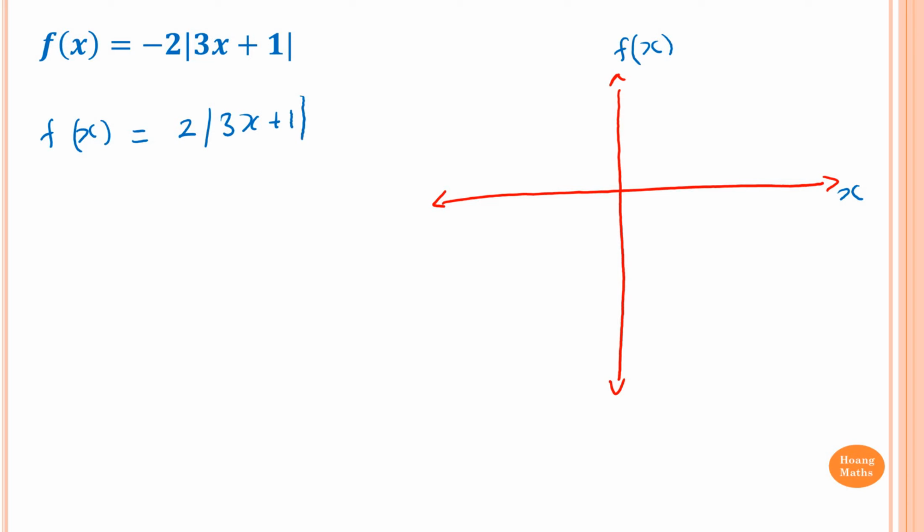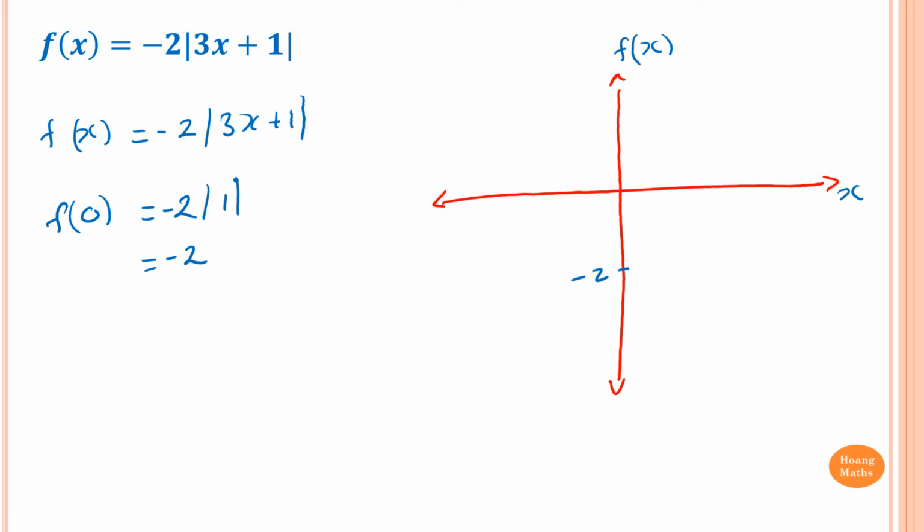We just think like that, okay? So first of all, the y-intercept: f(0) is equal to 2 lots of 1, which is 2. If you have a negative here, then it becomes negative, so negative 2 is here somewhere, roughly.